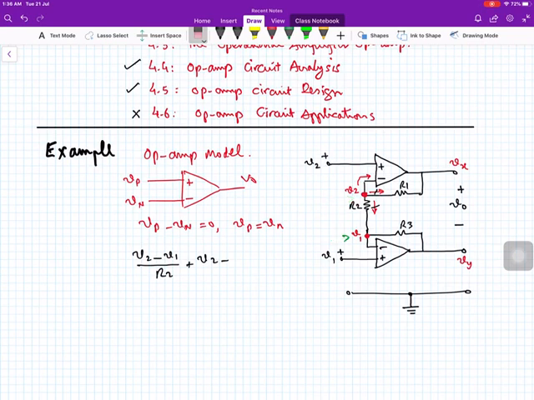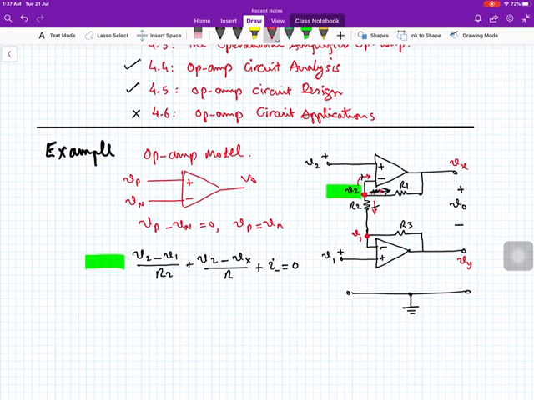Now, as we are writing the node equation at this node, look at the circuit diagram. This current is V2 minus Vx divided by R1, plus the current I entering into the inverting input of the operational amplifier.